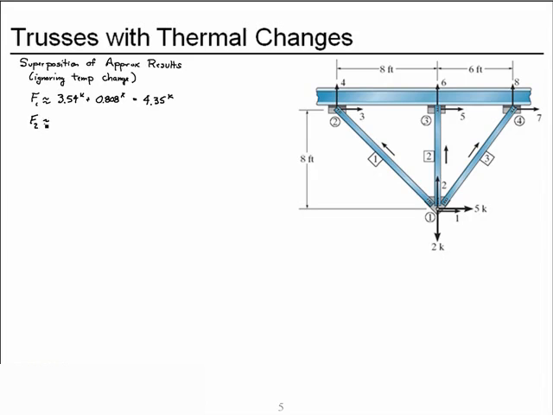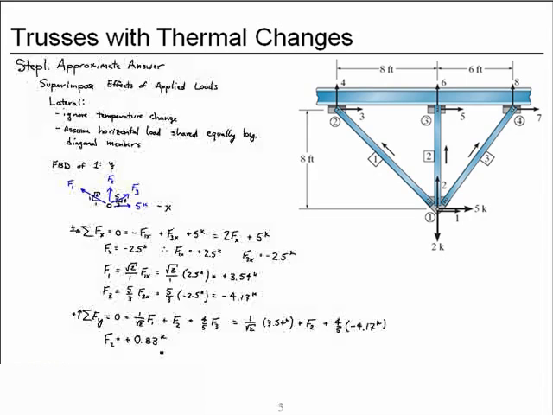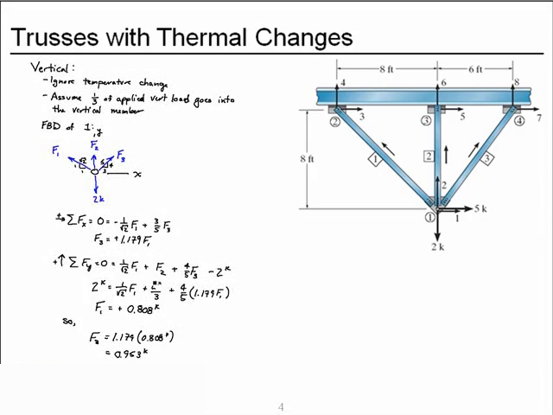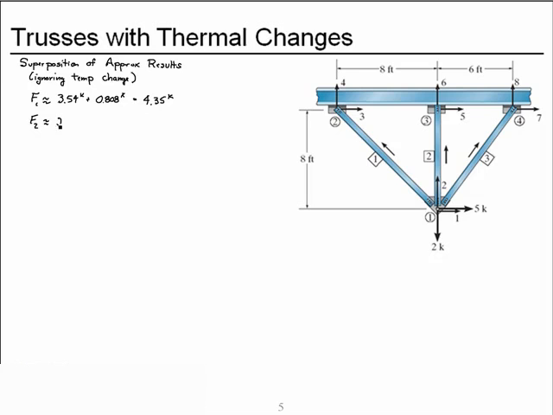Force in member 2 will be approximately a positive 0.83 kips plus the assumed 2/3 of a kip. And that gives us a positive 1.50 kips.